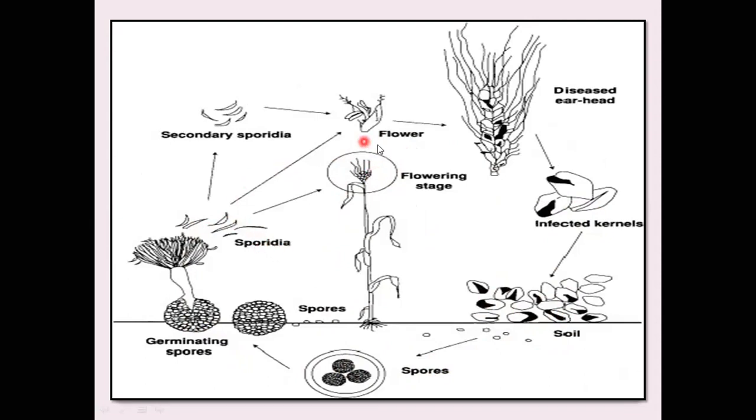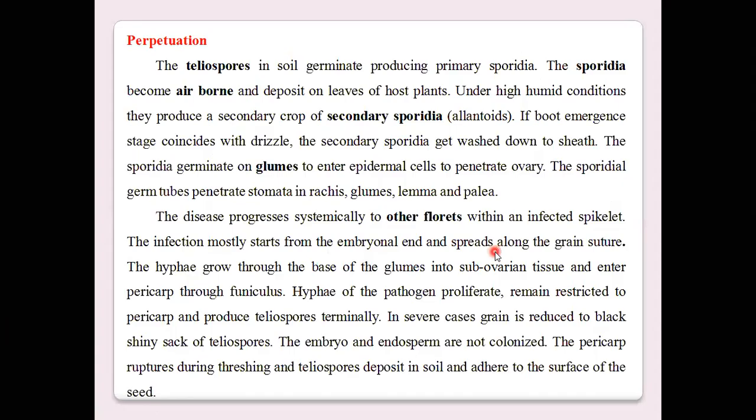In this way the disease spreads through sporidia by wind or air currents, or the secondary sporidia directly infect at the time of flowering, so these flowers do not develop seeds.